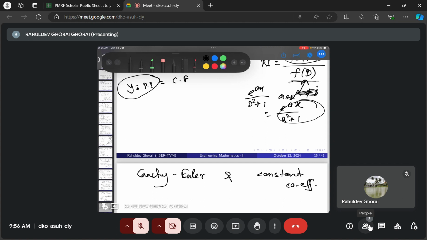So you may get different types of differential equations with varying, not constant, coefficients, which have functions of different types. It's not in a very good form.